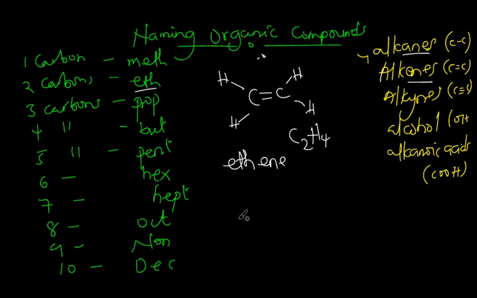Now 3 carbons will be what? Propene. So that one we have carbon, double bond, carbon, then another carbon. Mind you, you don't have to write another double bond over here, it's just one double bond. Okay, we are going to look at how to name the ones having 2 or multiple double bonds within them later.